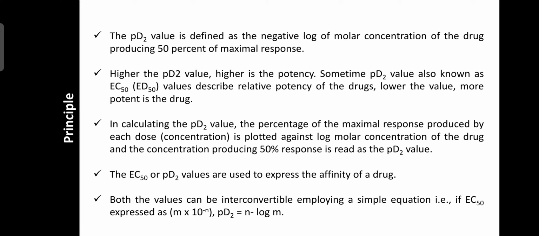Both values are interconvertible employing a simple equation: if EC50 is expressed as m into 10 to the power of minus n, then PD2 is equal to n minus log m.